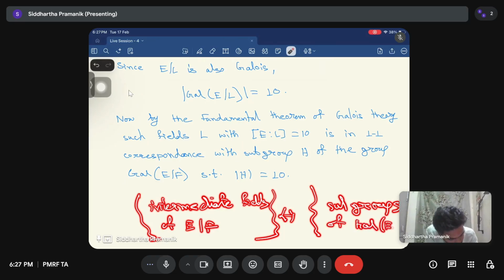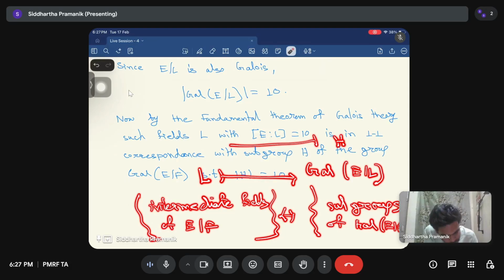How is this correspondence defined? We take a field L and send it to the Galois group of E over L. The reverse map is that we take a subgroup H and send it to the fixed field of this subgroup. This is the first statement of the fundamental theorem of Galois theory. We just have to use this statement.